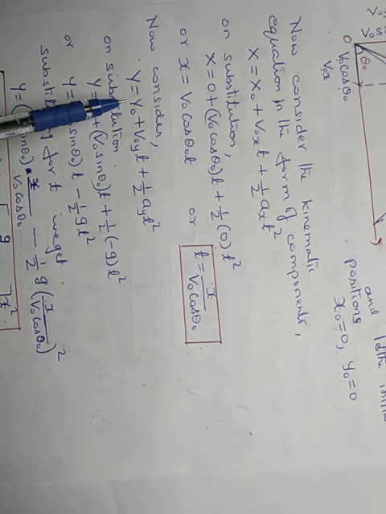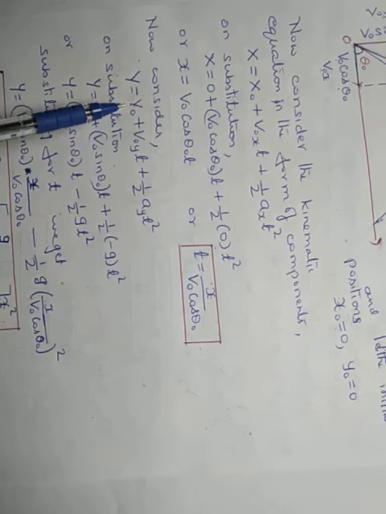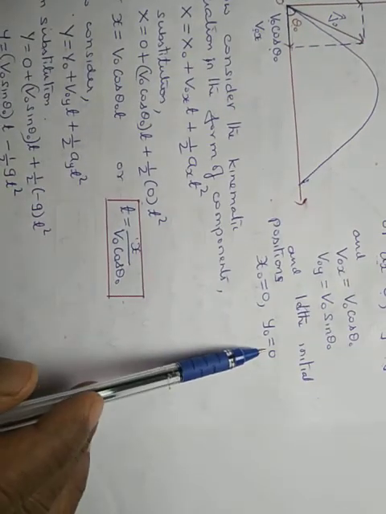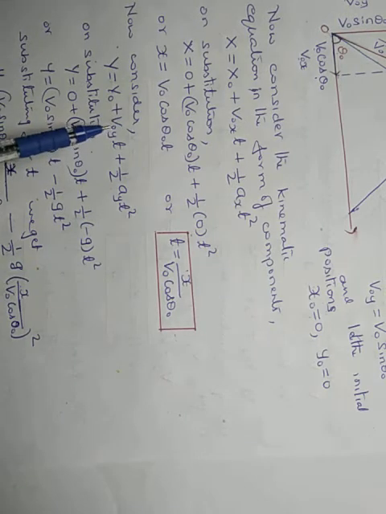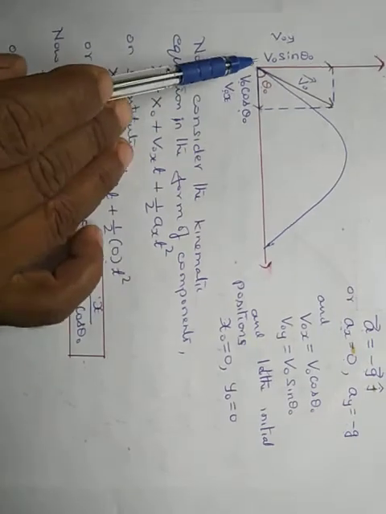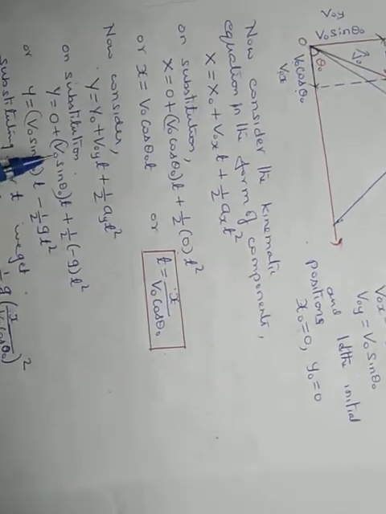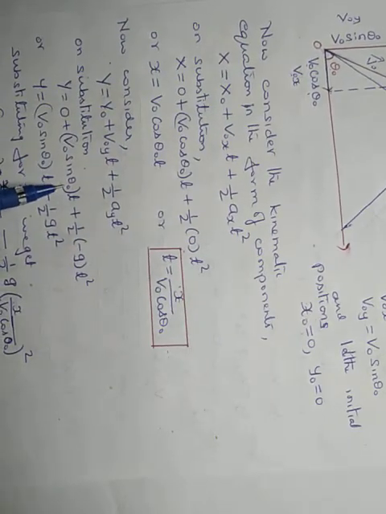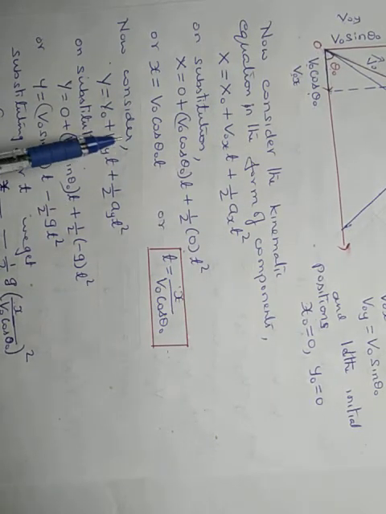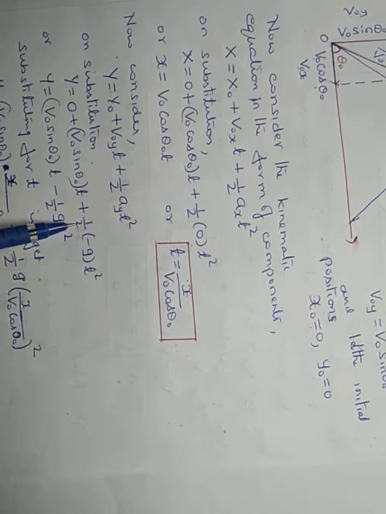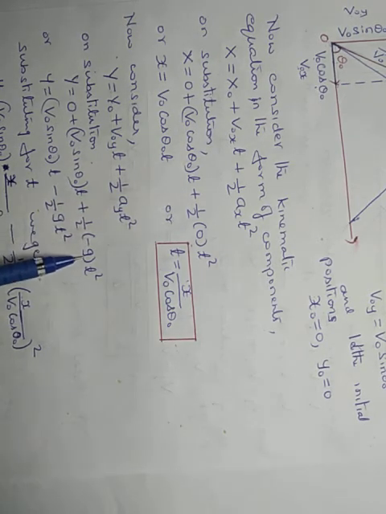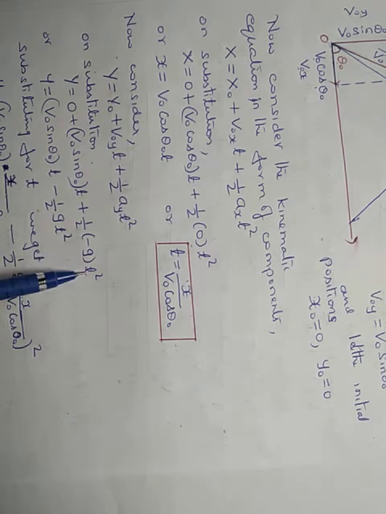Now, you can substitute the values for y naught. Y naught we have chosen already 0, initial position is 0. Then the component of v naught y along the y axis, that is v naught sin theta naught, into t, plus half, what is the component of acceleration along the y axis, that is minus g into t square.